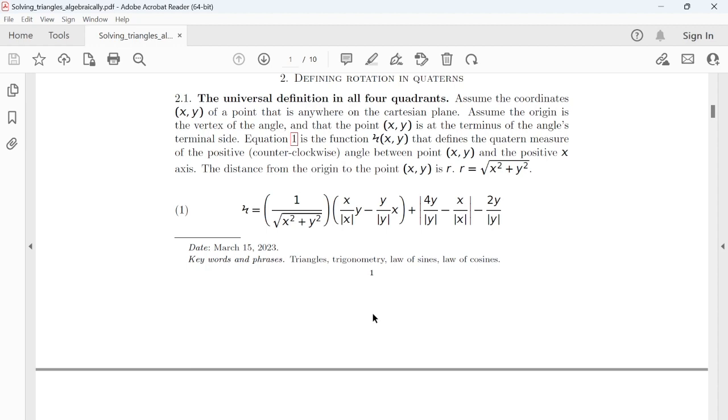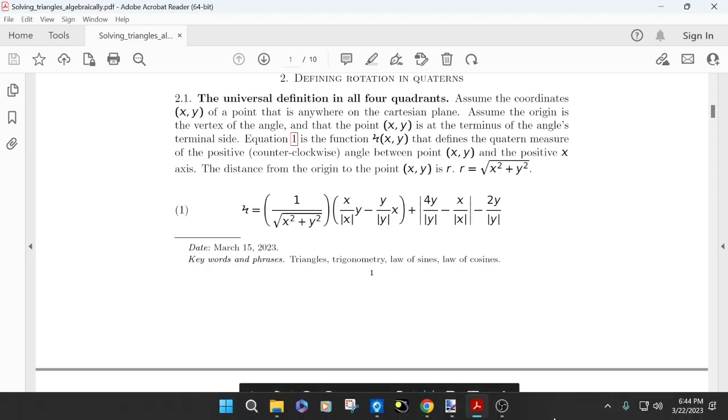So when you do this calculation in the other quadrants, it's actually quite simple, and it's not difficult to do at all. The point is, there is always an algebraic relationship between the coordinates of a point and the angle in quaterns to get to that point.